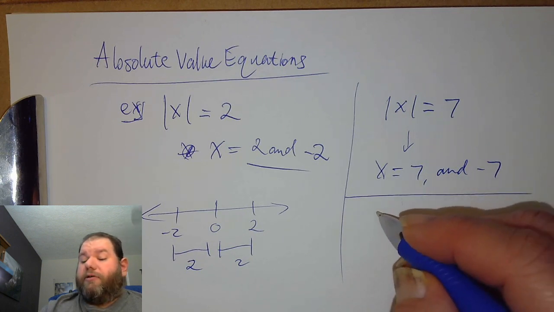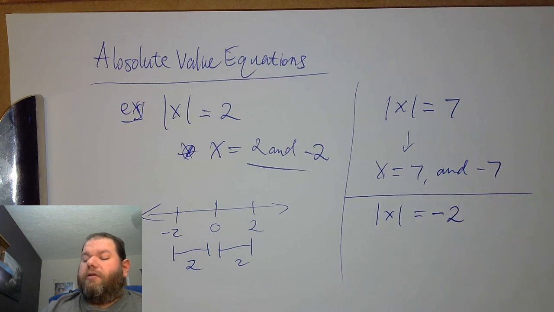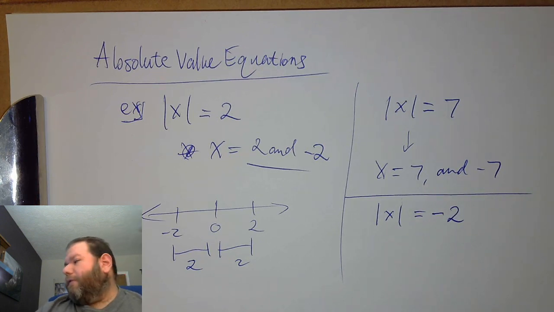Here's a trick question. Can we take the absolute value of x and have it equal a negative number?